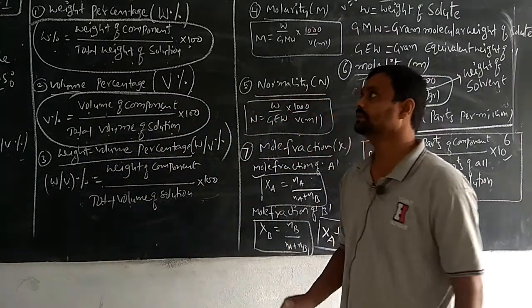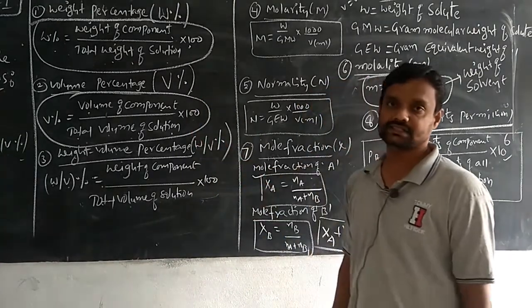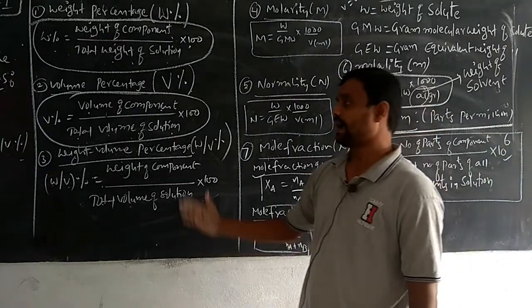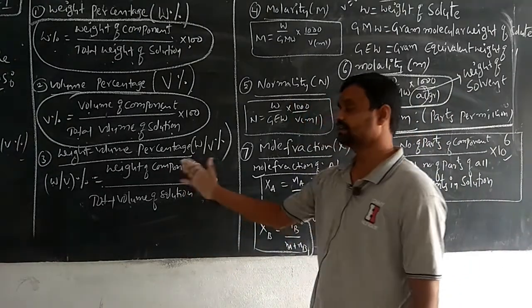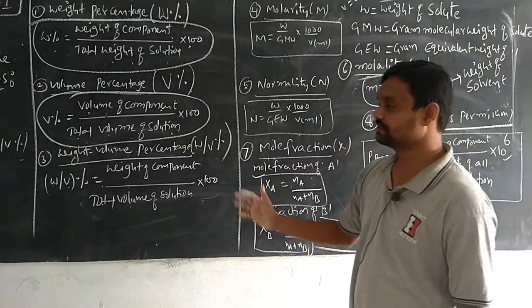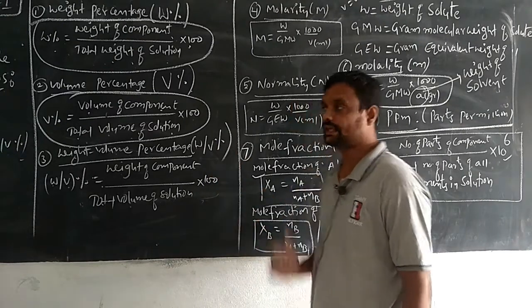For example, weight percentage has no units. Volume percentage also has no units. In weight to volume percentage, the unit is gram per milliliter.